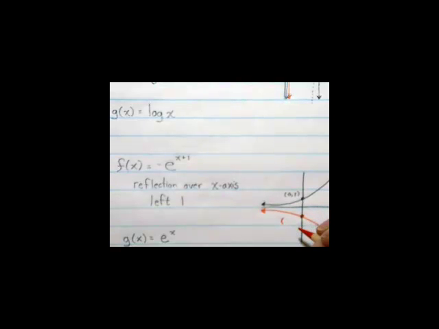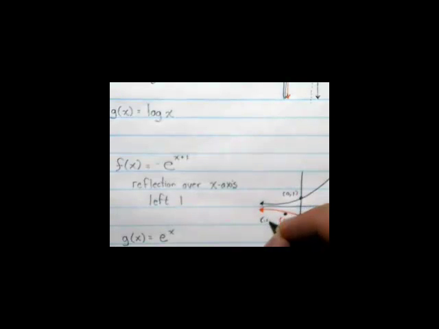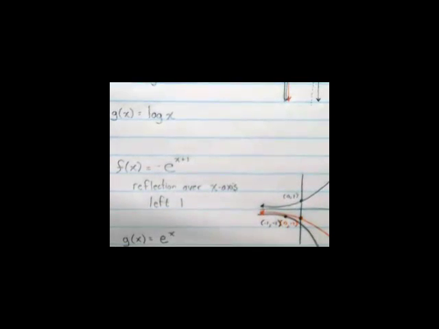What is the point right now? (0, negative 1). Okay. So that's after the reflection, and then we need to take that thing and scoot it to the left 1 unit. Okay, so where's the little anchor point going to be now? (Negative 1, negative 1). Yeah. So maybe like somewhere over here now. All my coordinates are kind of getting smashed together here. But anywho, it's going to look something like that.